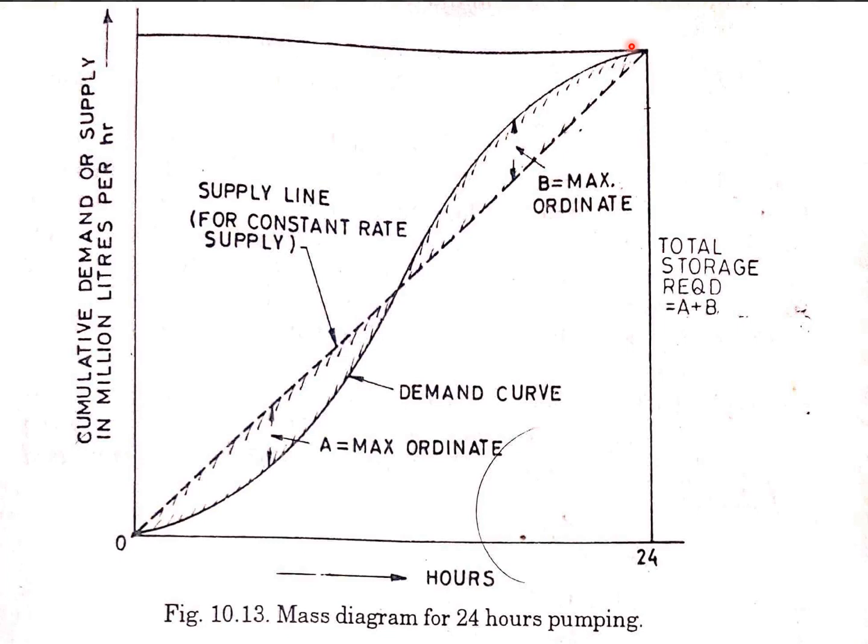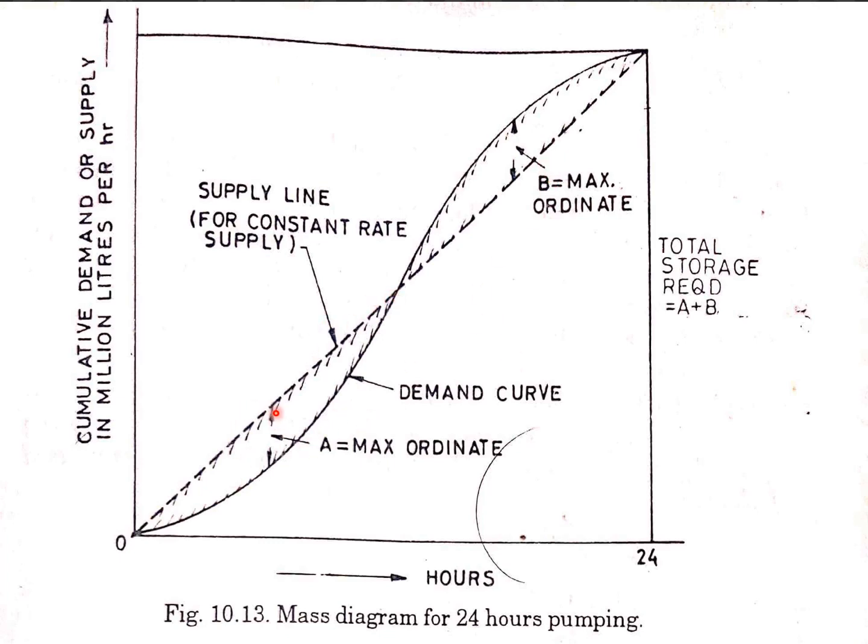Morning peak hours, evening peak hours, there will be fluctuation in the demand. Okay, so based on that, the S curve is drawn. So every hour, what is the demand by the public? Okay, அப்படி பார்த்துட்டு, this is the constant one.